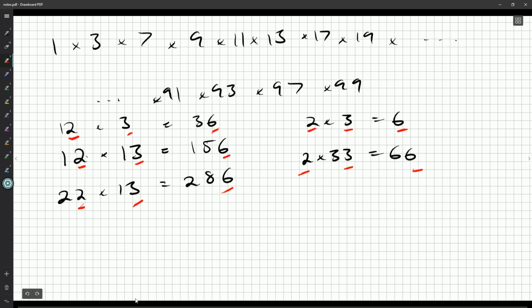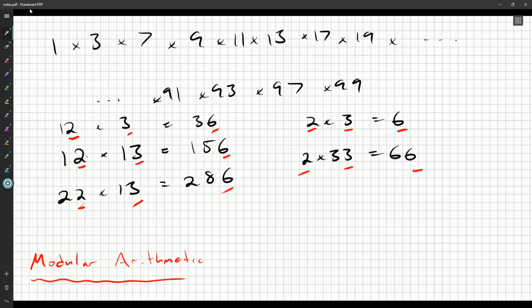It turns out, and you can examine this better with modular arithmetic, so I'll make a little note here. Modular arithmetic, which I'm not going to go into, is basically doing math, but looking at remainders. If you're interested in that, I'll see if I can rustle up some resources, maybe make some special modular arithmetic videos, or point you in the right direction, or you can just look it up on your own.